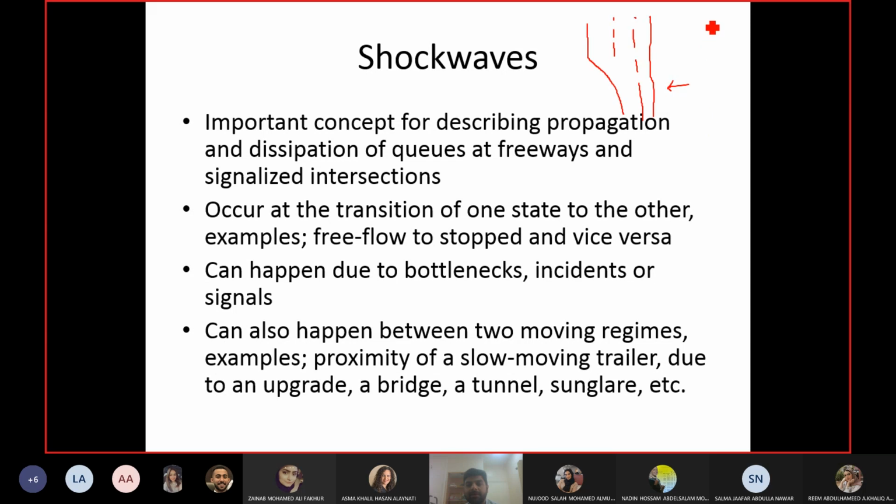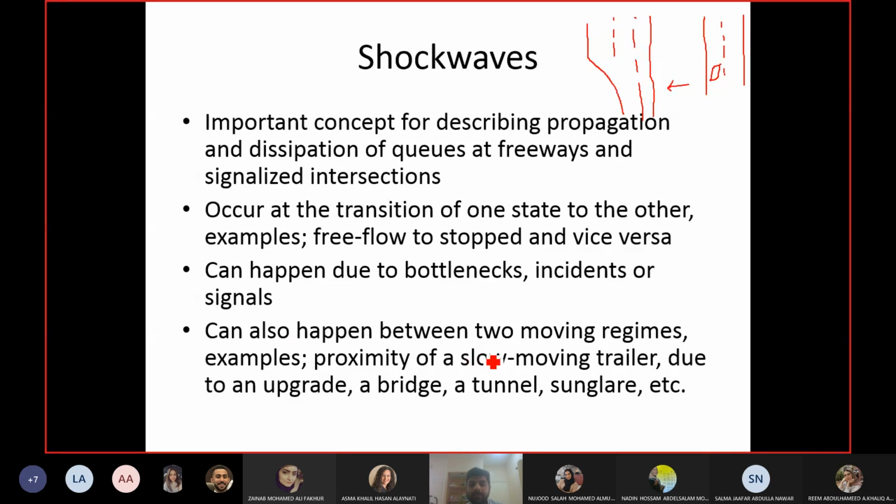You are on the same highway, same number of lanes, the road design doesn't change, but one of the lanes is blocked because of an accident. So again, it will cause a shock wave. It will make you transition. Because one lane is blocked, it will not be a bottleneck because the number of lanes is the same, but it will behave like a bottleneck because this road space is blocked, and the signal we already discussed.